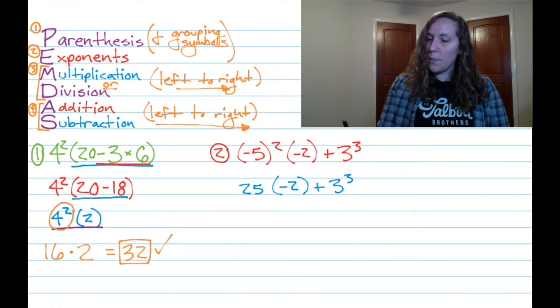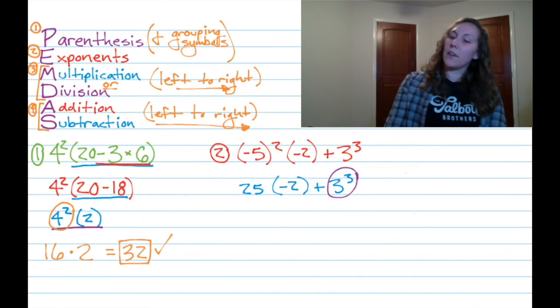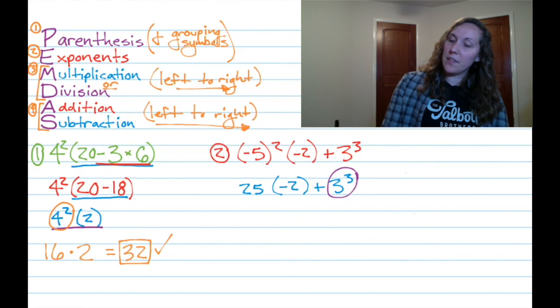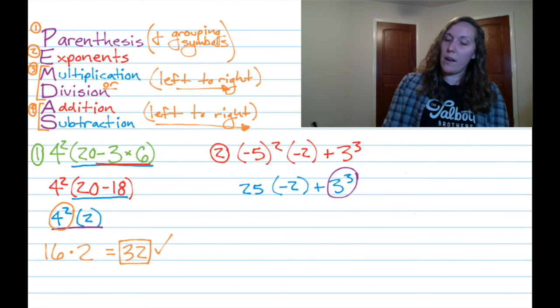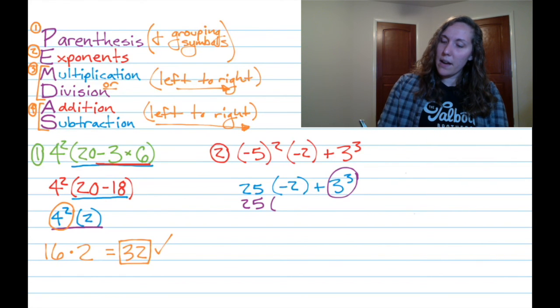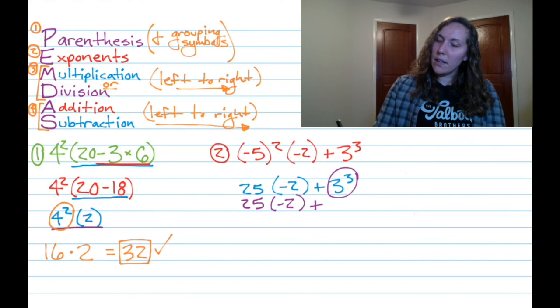Now I'm going to do my other exponent, 3 to the third power. I know it's positive because it has that plus sign in front of it. And this one's not in parentheses, so it can just go in as I see it in front of me. 25 times -2, we keep that plus sign, and 3 to the third power is 27.